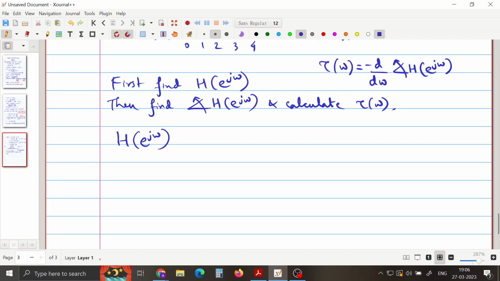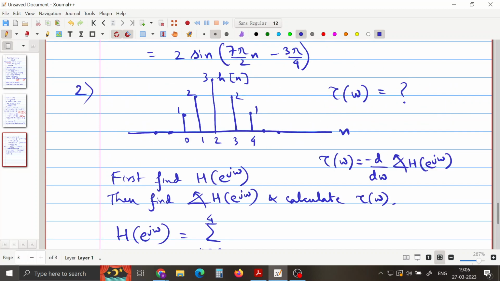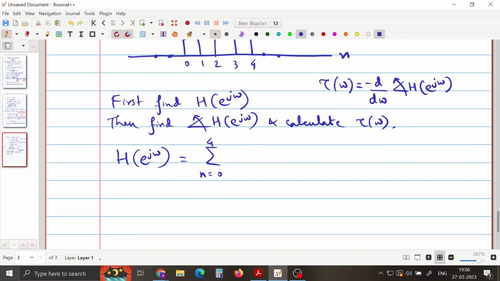First find it using our standard formula. Here only the samples from small n equals 0 to 4 are present, and the formula is h of n e power minus j omega n. If you expand it, you will get like this.